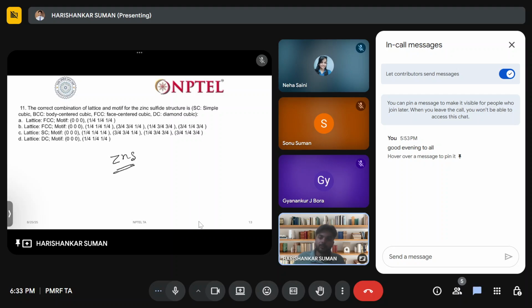FCC 0 0 0, 1/4 1/4 1/4, 3/4 3/4 1/4, 1/4 1/4 3/4, 3/4 3/4 3/4, and 3/4 1/4 3/4. That is also simple cubic, and also, sorry, diamond cubic. So which option would be correct for ZnS?